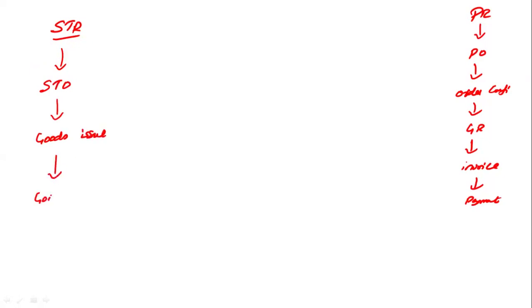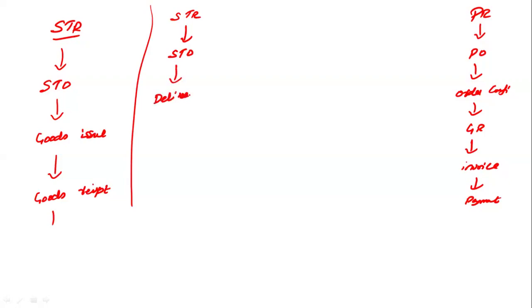Then goods received is going to happen in the receiving plant. Then you're closing the case. Okay, this is one process. It will get confused again. So next is you have STR, which is stock transfer requisition. You place an STO against that. Against STO, there is a delivery getting created, which is called as an outbound delivery.